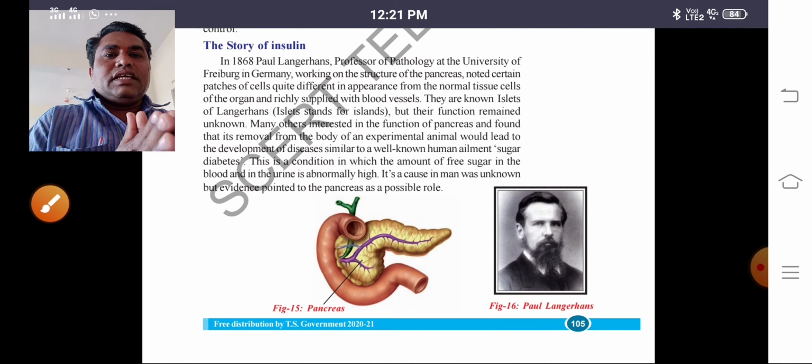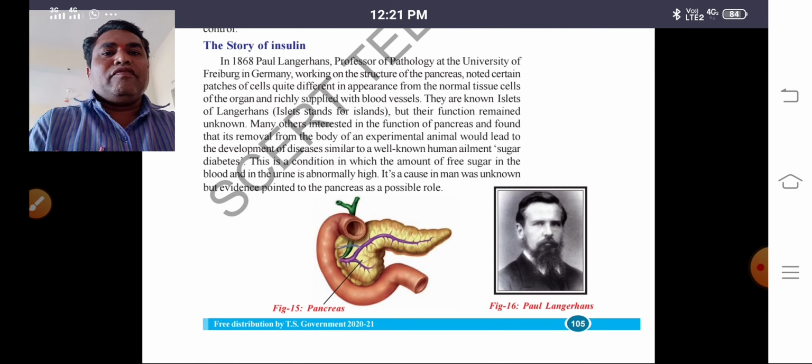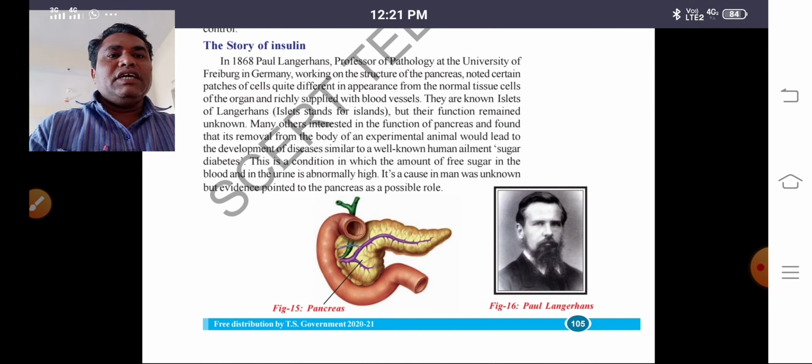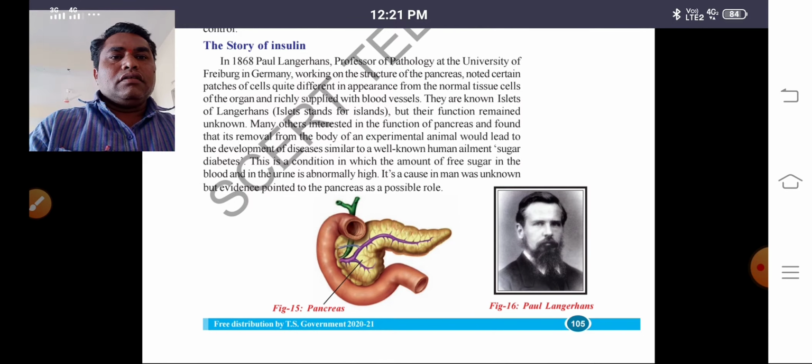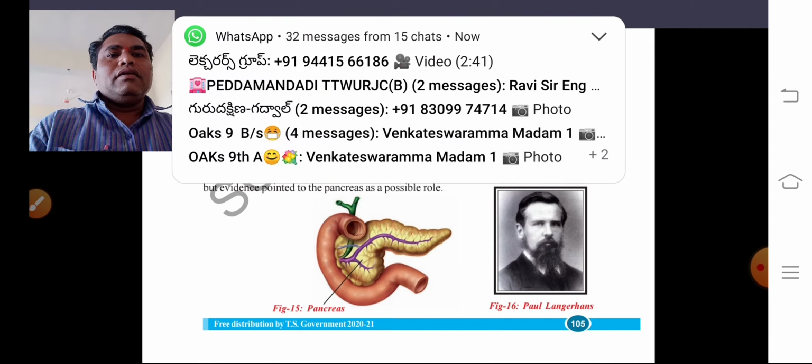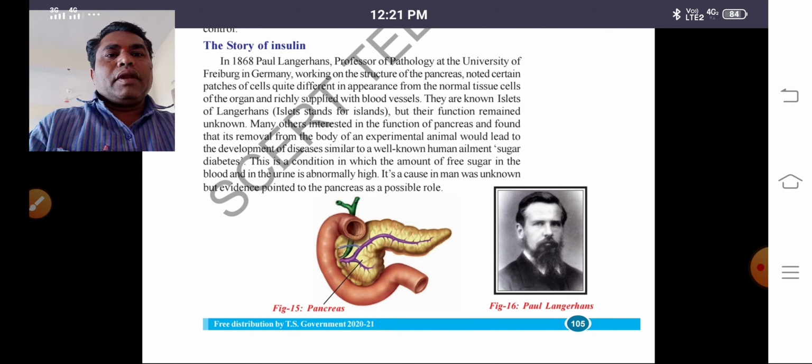In 1868, Paul Langerhans, professor of pathology at the University of Freiburg in Germany, working on the structure of the pancreas, noted certain patches of cells quite different in appearance from the normal tissue cells of the organ and richly supplied with blood vessels.